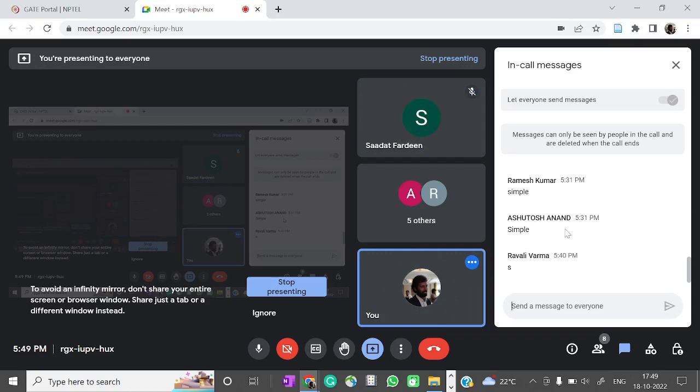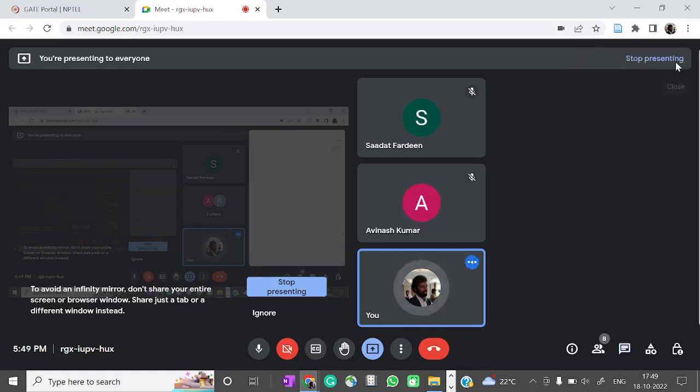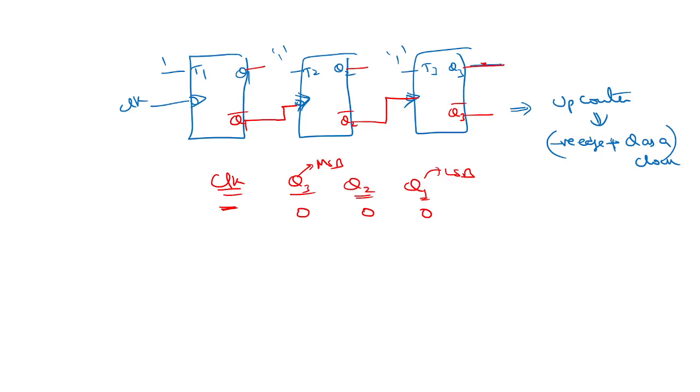Okay, Sadat is saying it will work as a down counter. Ravali is also saying it's a down counter. Yes, so I'm not going to discuss that. The answer is down counter, obviously.